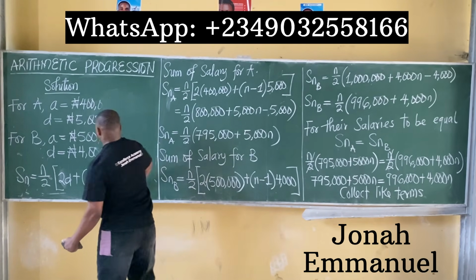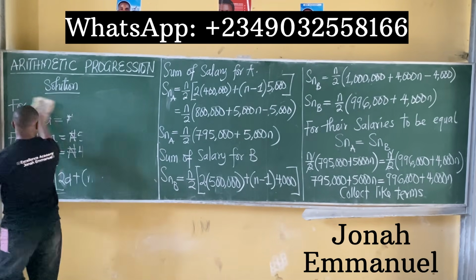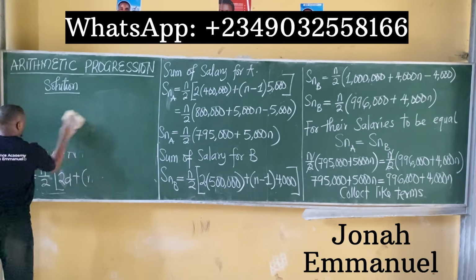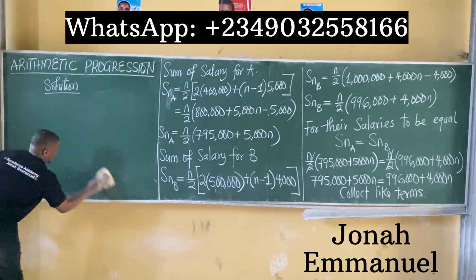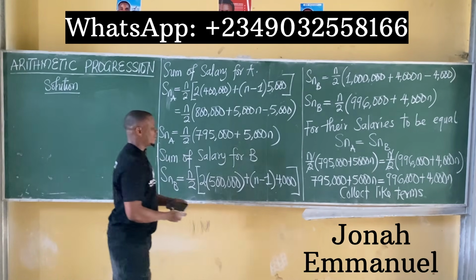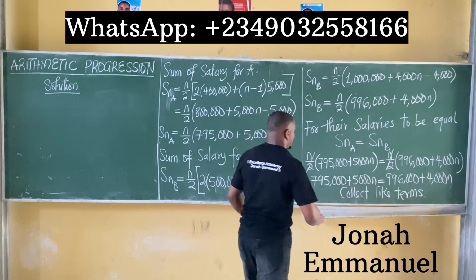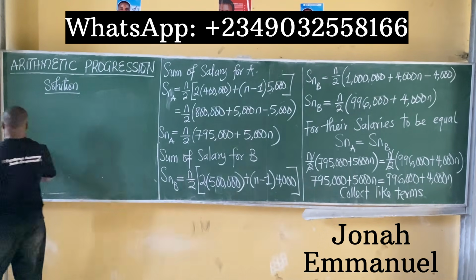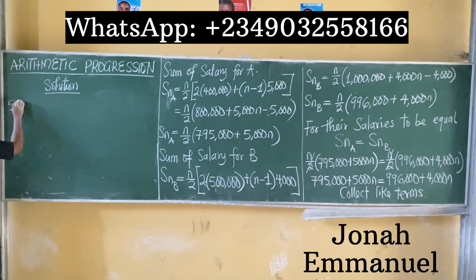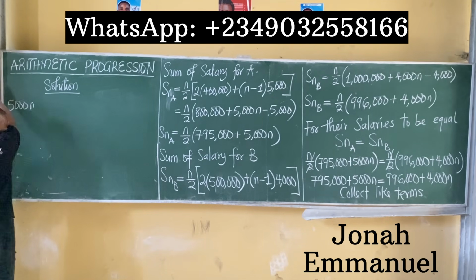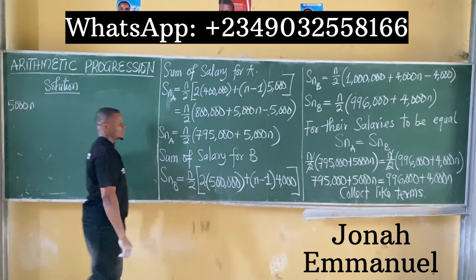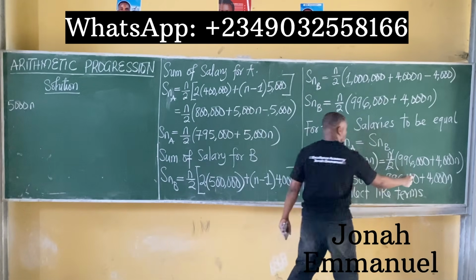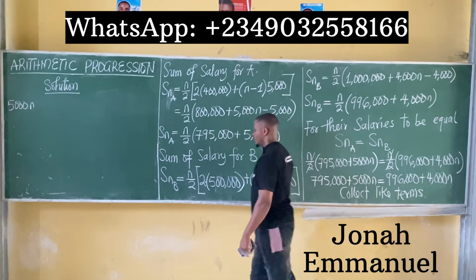If we collect like terms, what are we having there? I'll move the terms having n here. It becomes 5,000 n. You have 4,000 n on the other side. Move the 4,000 n over here, it becomes negative.